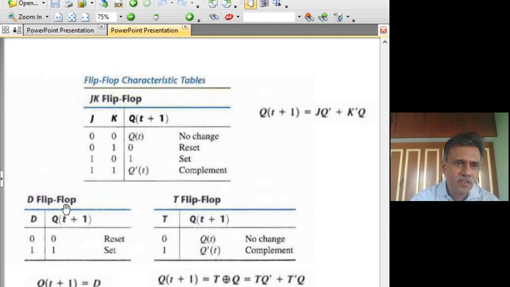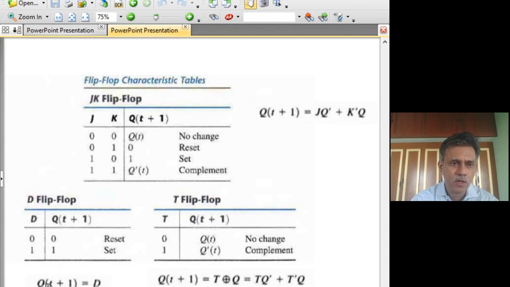In the case of the D flip-flop, Q simply follows D. So Q at the time t plus 1 does not depend upon the earlier value of Q of t. It simply follows D. If D was 0, Q of t plus 1 is 0. If D is 1, Q of t plus 1 is 1.